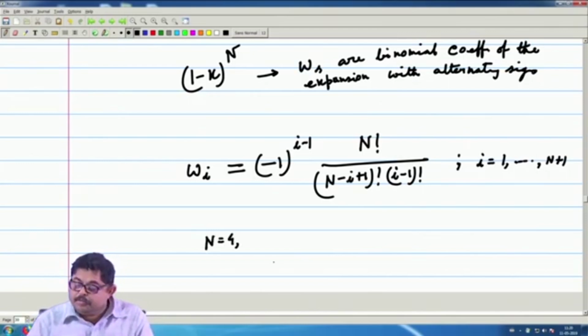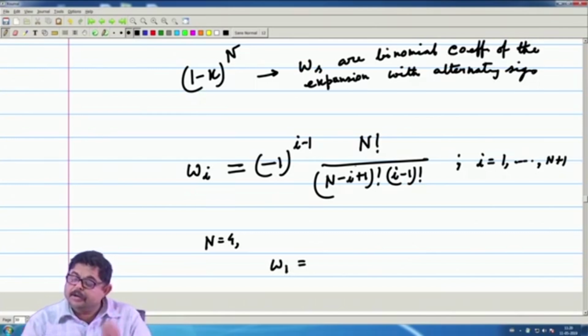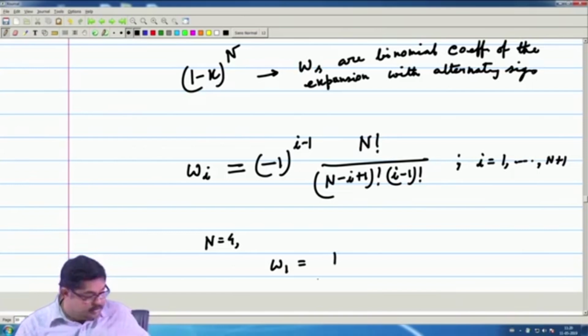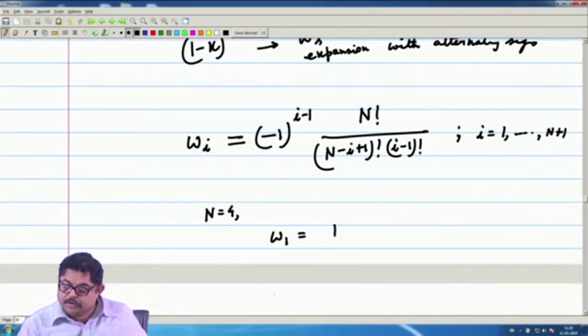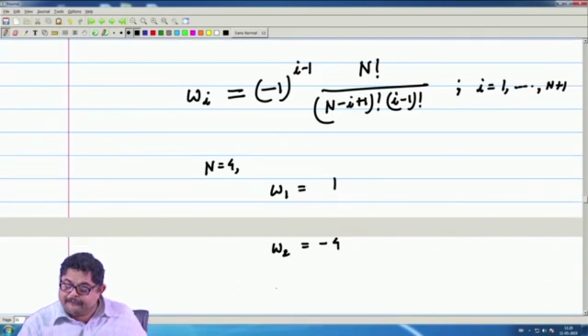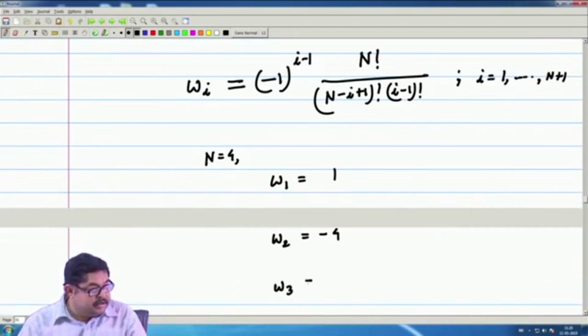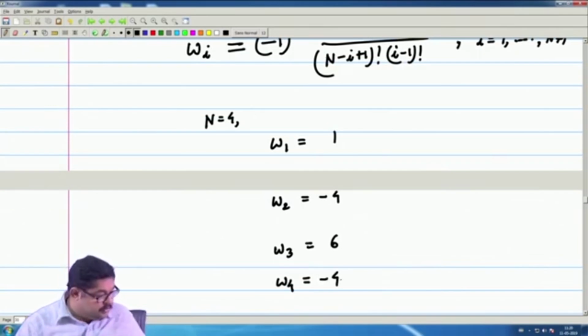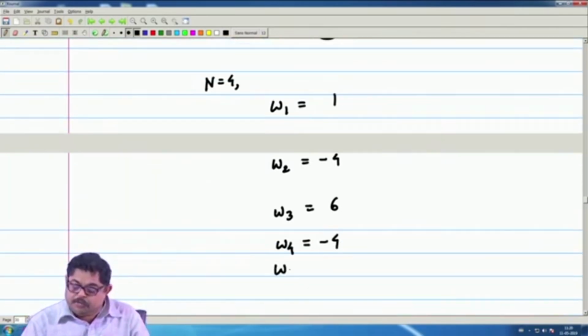Then if you put it here, you will see that W1 will be 1, W2 will be minus 4, W3 will be 6, W4 will be minus 4, and W5 will be 1.